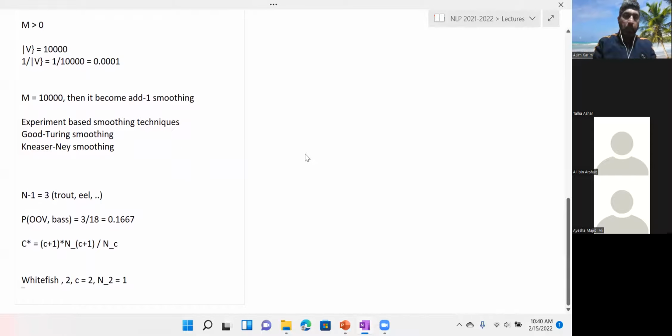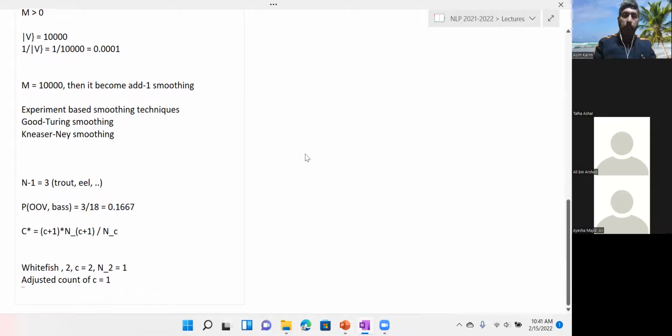So let me find the adjusted count of C. So that's what I wanted to count. So this would be C star is equal to C plus 1 into N2 divided by N1. So this is according to the formula that we wrote there.